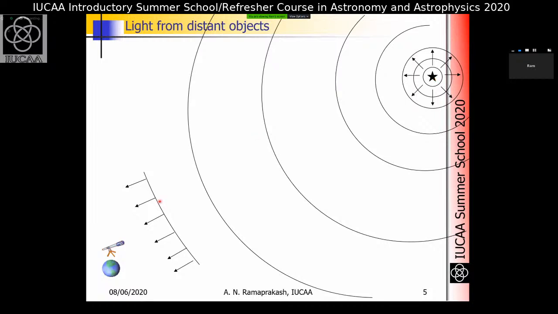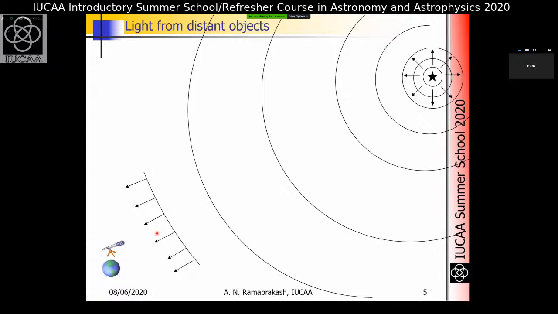So the diameter of the primary objective optics of the telescope defines how bright an object becomes. A tiny telescope will collect light from only a small part of the surface, while a large telescope will collect light from a large part of the surface, thereby making the same star appear brighter to you. So that is part one, how a telescope makes an object brighter to you.